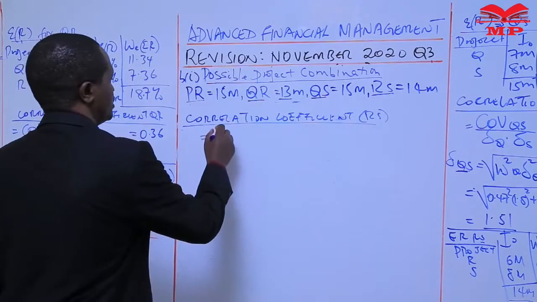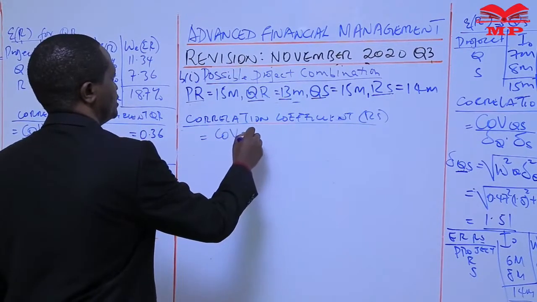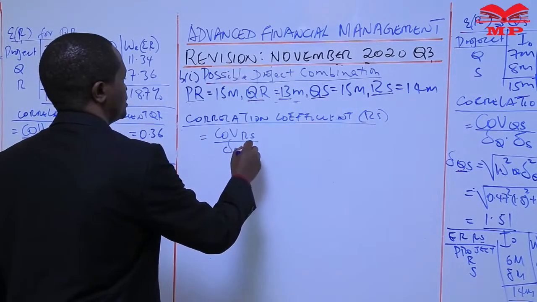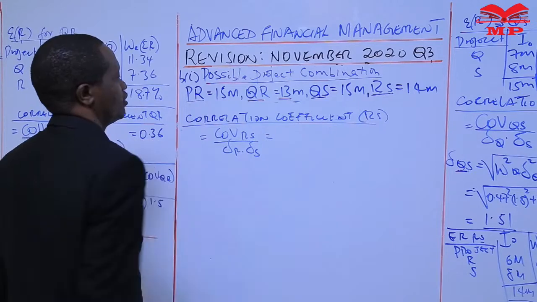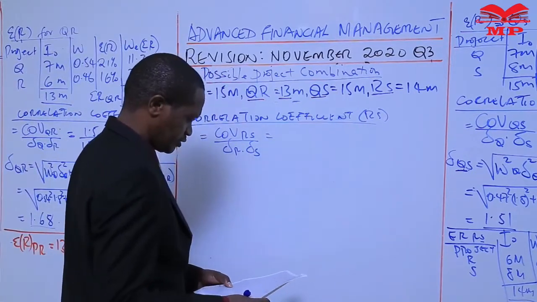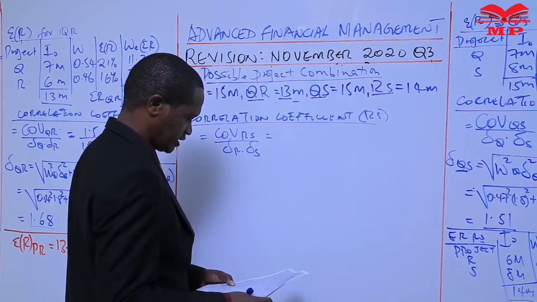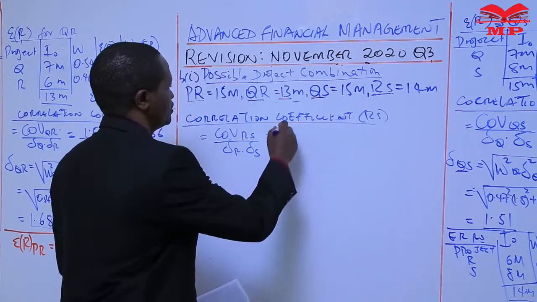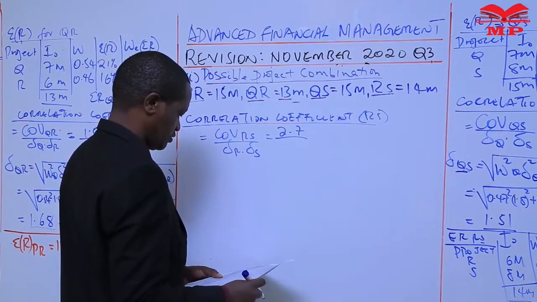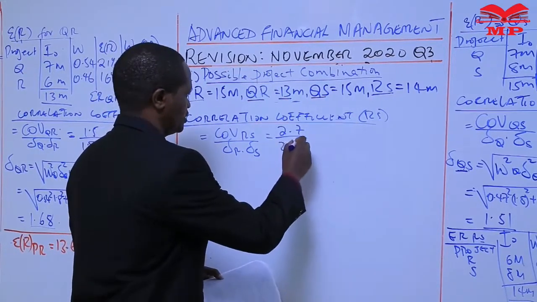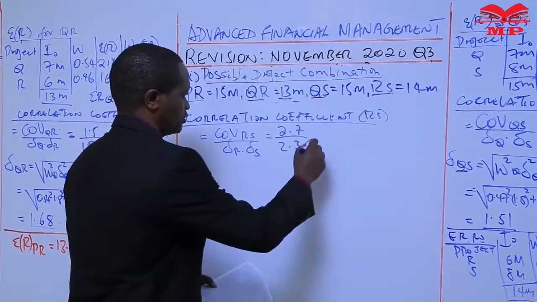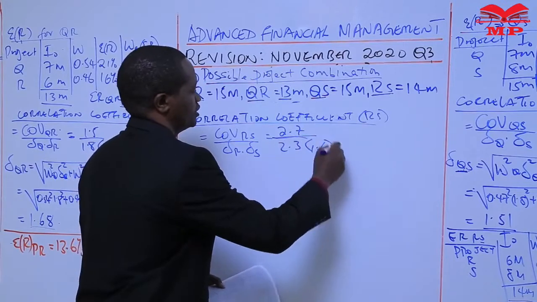That will be equal to the covariance of RS divided by the standard deviation of R times the standard deviation of S. Covariance of portfolio RS is 2.7, divided by the standard deviation of R, 2.3, times 1.6.